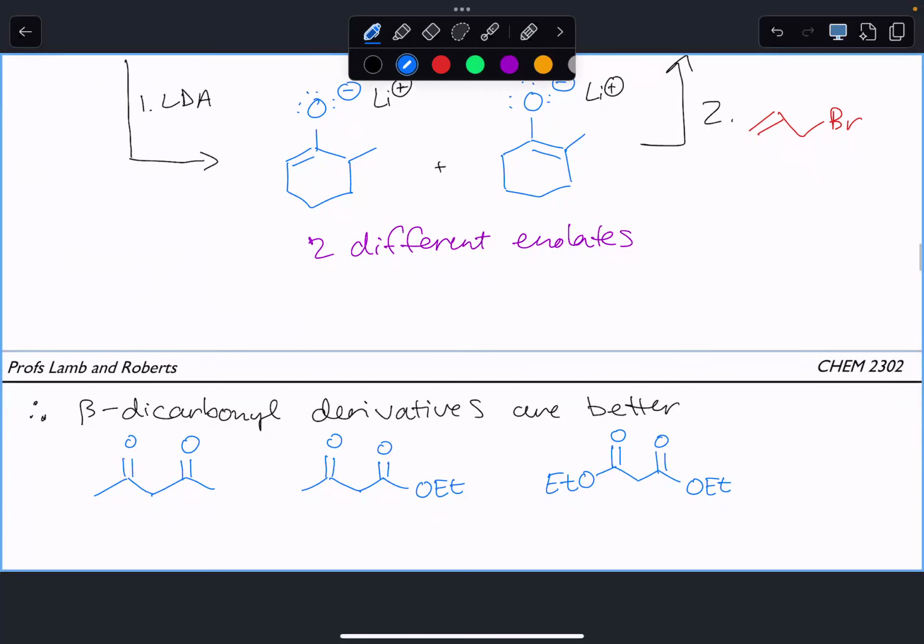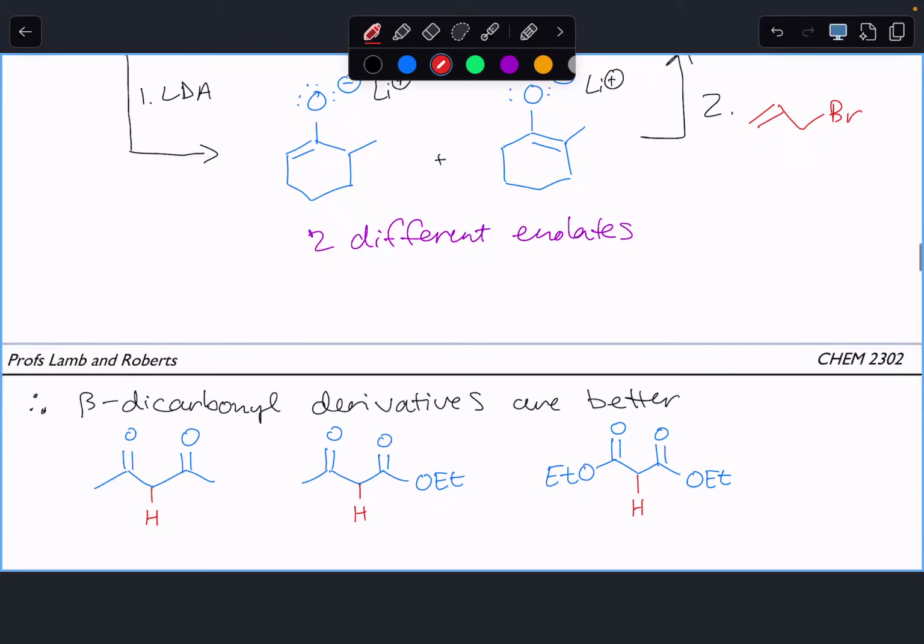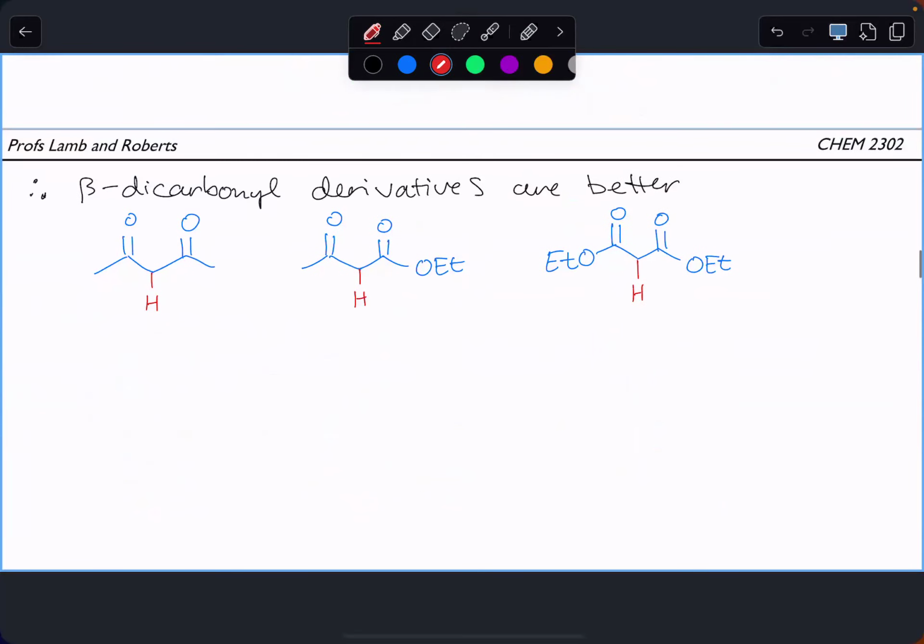And we talked about how the alpha protons in the middle of the two carbonyls are going to be much more acidic than if it was only by one. So just as a reminder, our pKa's of these were 9 for the diketone, about 11 for one ketone, one ester, and about 13 for the diester. Okay, so much more acidic protons.